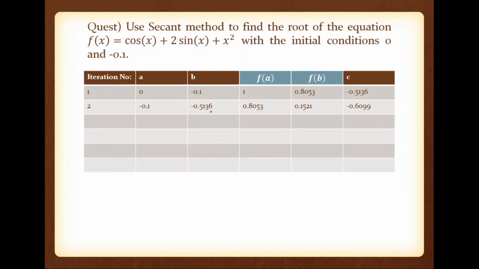Minus 0.5136. So the corresponding f of B is 0.1521. So by using these four values, C is equal to minus 0.6099. So this is C.